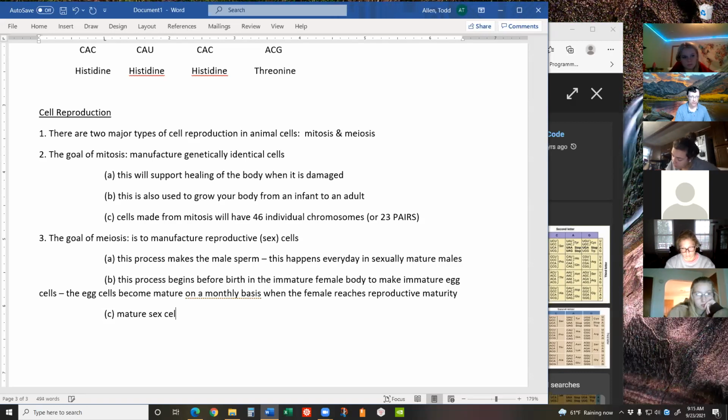Mature sex cells will have half the number of chromosomes, which is to say 23 individual chromosomes. And significantly, those chromosomes will be different from the parental cells that were used to make them.